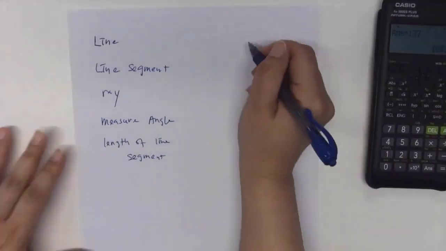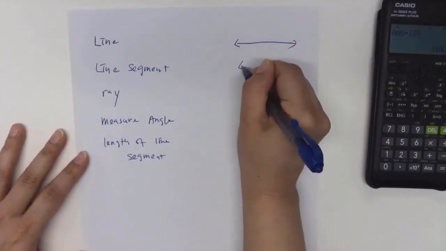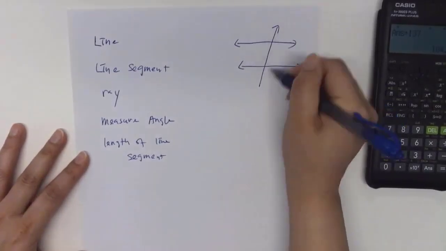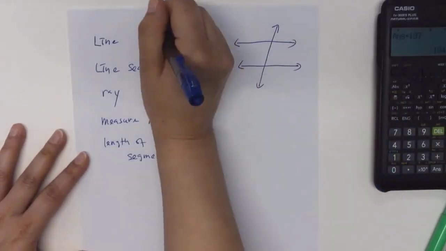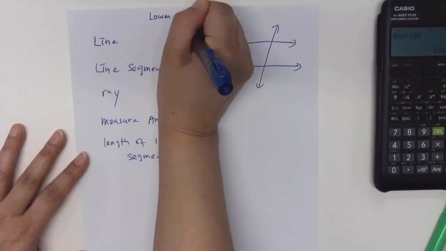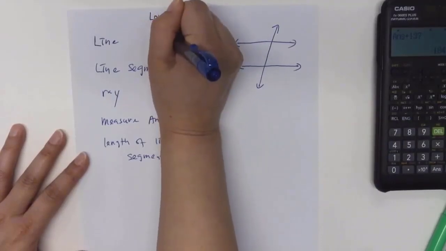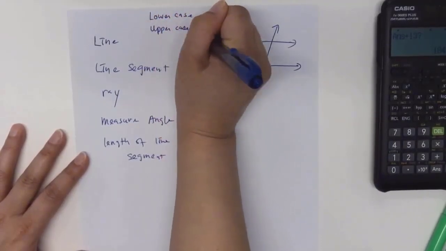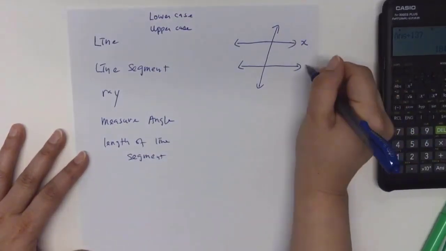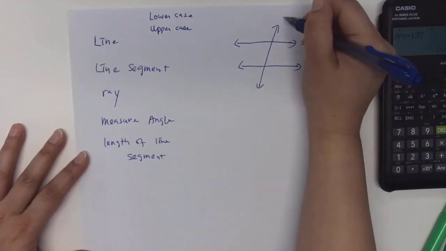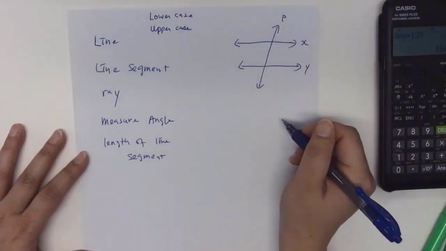Okay, so if I just give you a random graph like this, one of the things you have to be careful about is they will use lowercase letters and uppercase letters, so don't mix the two together. The lowercase letter represents the whole line, like x and y, and you can call this maybe p or something in lowercase.